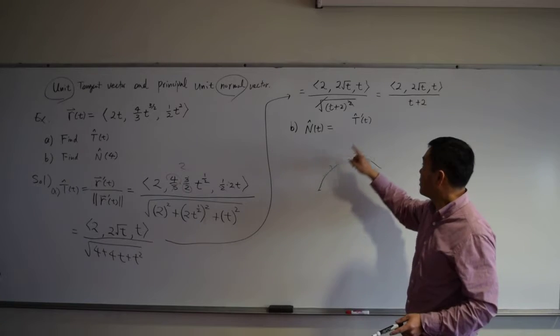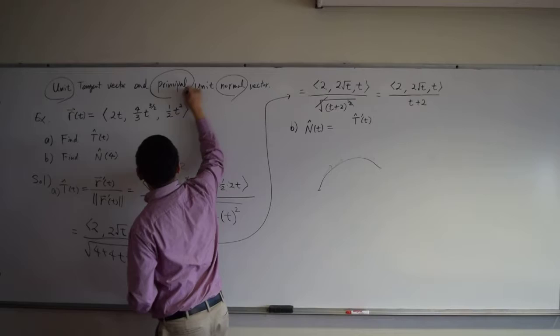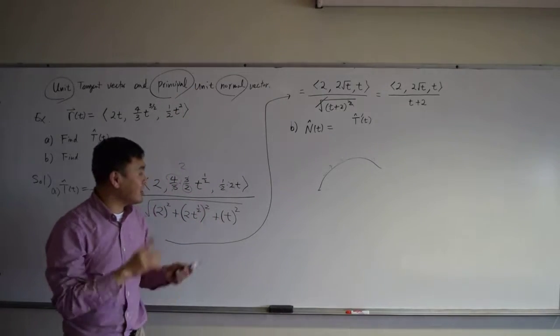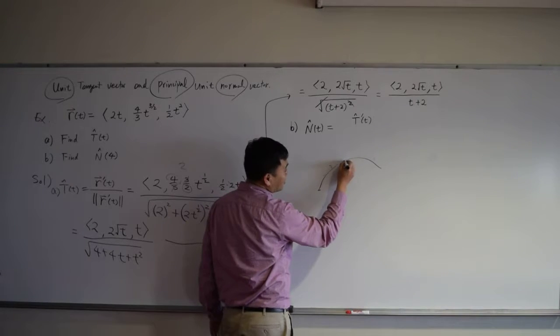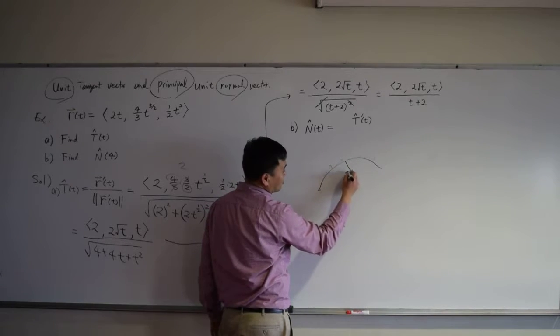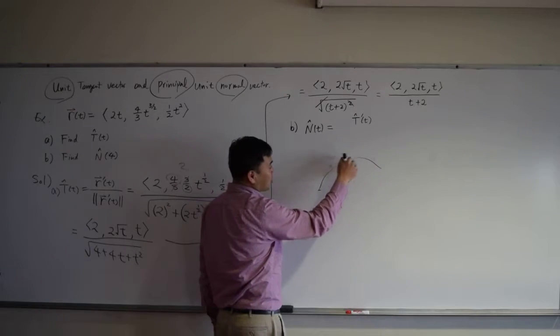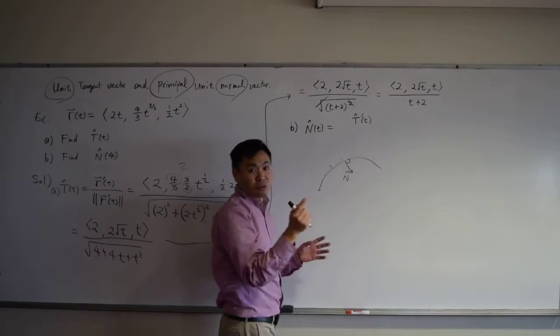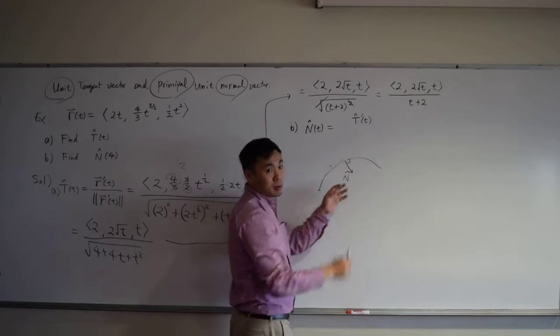Okay? So this is normal to the curve, but the reason that you put this word principal is because there are many directions that are normal to the curve. So see, not only is this direction, which is the direction of N, perpendicular to this curve, but this is in 3D, so you could have something like that or that, which is perpendicular to the curve.